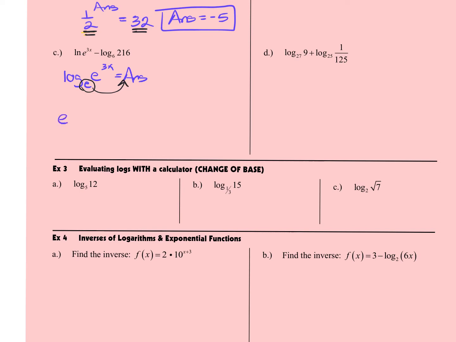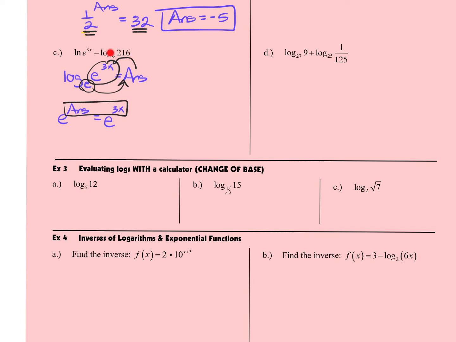So e to the answer is going to equal, I'm going to come back around, all of this will equal e to the 3x. And now you can see I have an e as the base on each side, so my exponents have to be the same. So my answer for this piece is 3x.